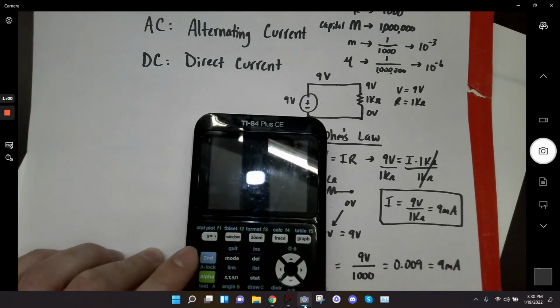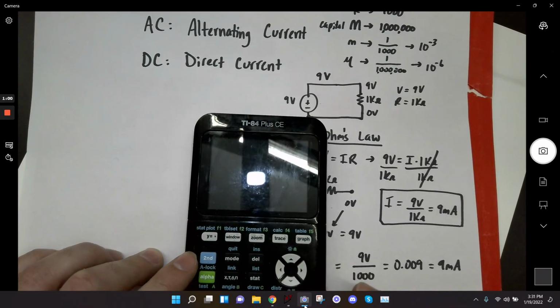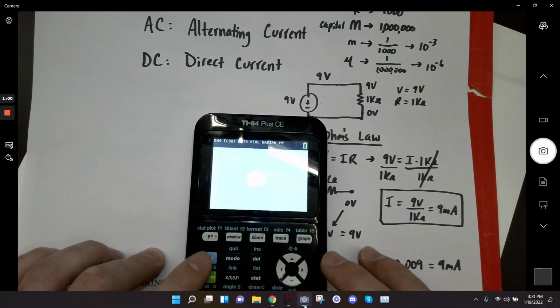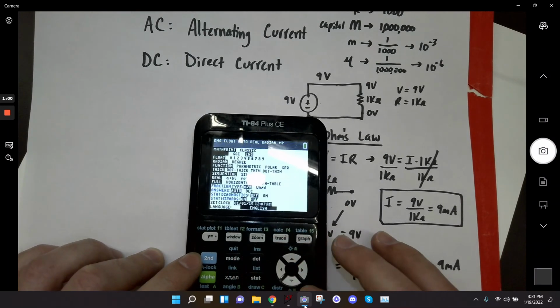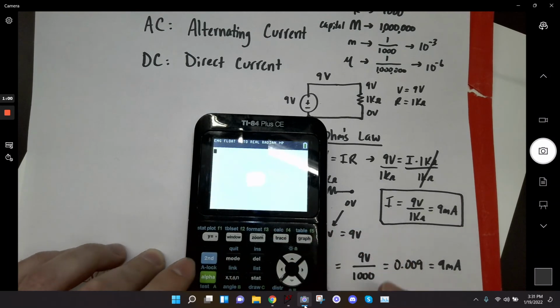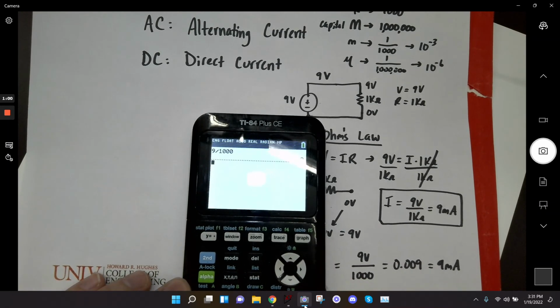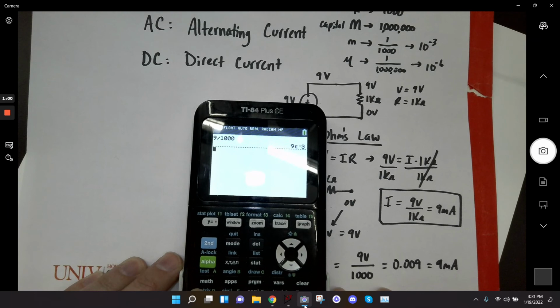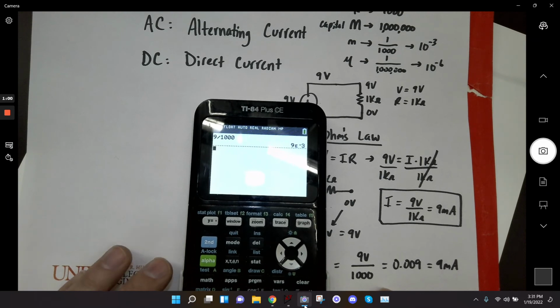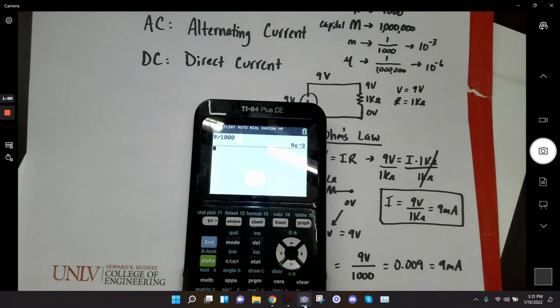And what that does, wow, that's not what I meant to do. Did I even save it? Yeah, okay, so it's in engineering mode. So now if I do the same thing, right, 9 divided by 1,000 gives me 9 times 10 to the minus 3. So now if you know 10 to the minus 3 is milli, you already know that's 9 milliamps. Like you don't even have to think. So that's what engineering mode is good for.